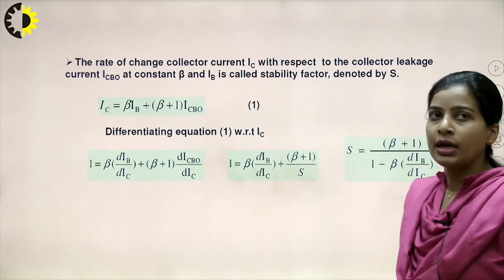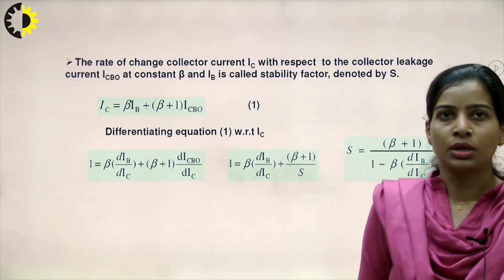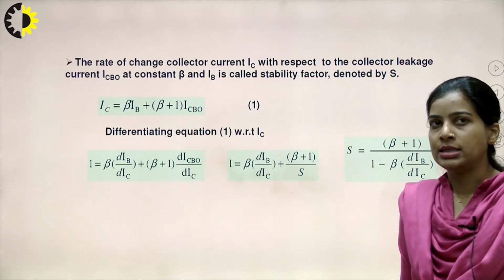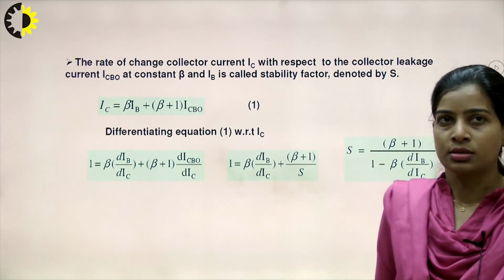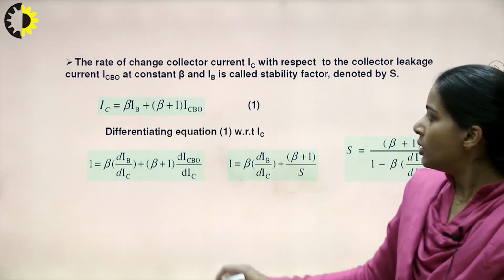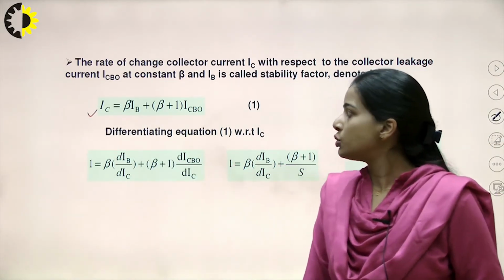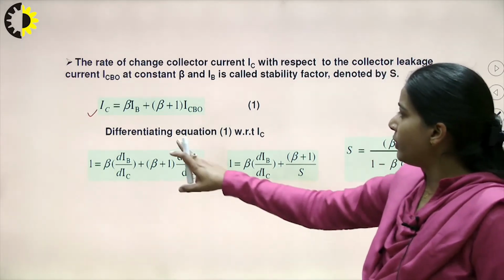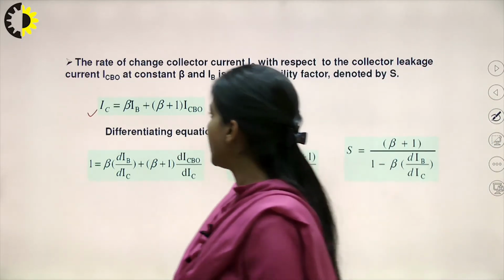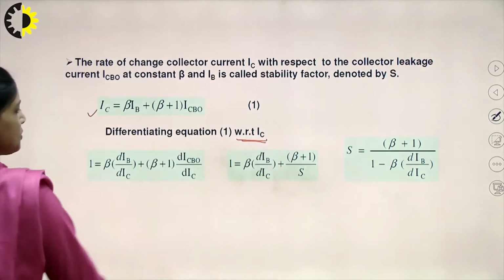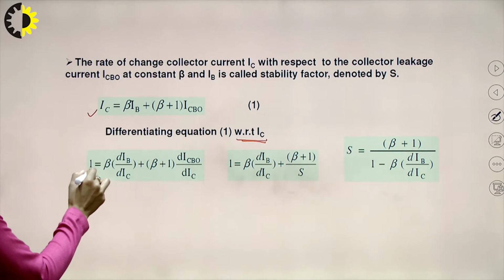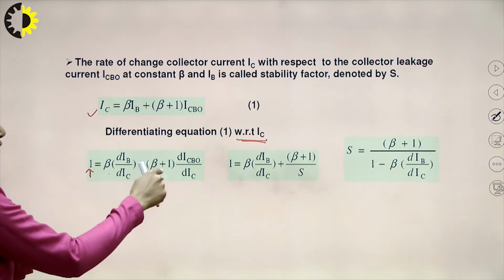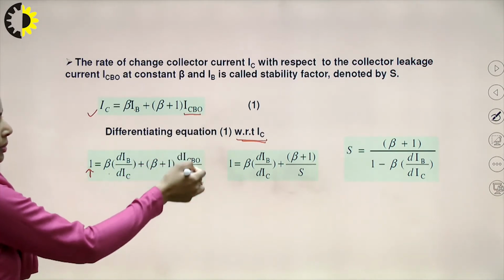The rate of change of collector current IC with respect to the collector leakage current ICBO, at constant beta and IC, is called the stability factor, which, as we have discussed, is denoted by S. So, this is the current equation, IC is equal to beta IB plus beta plus 1 ICBO. When we differentiate this equation with respect to IC, we get 1 equals beta dIB by dIC plus beta plus 1 dICBO by dIC.